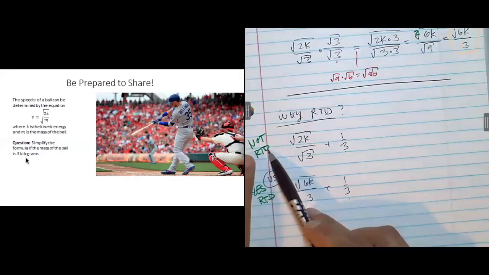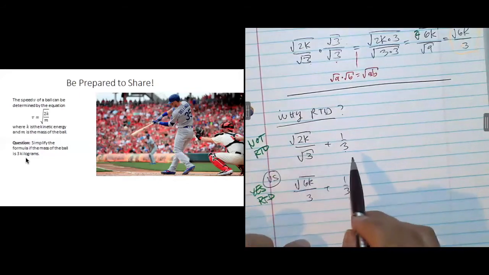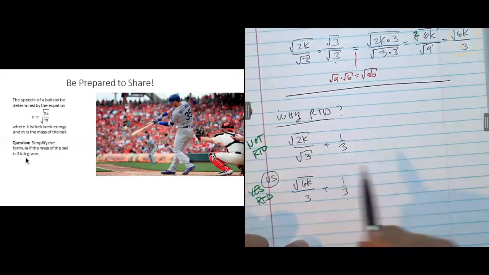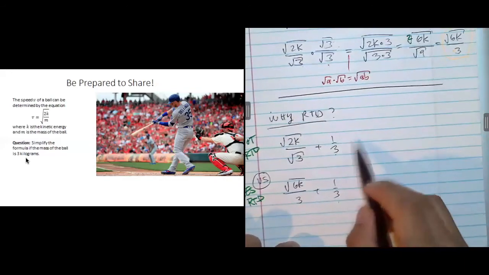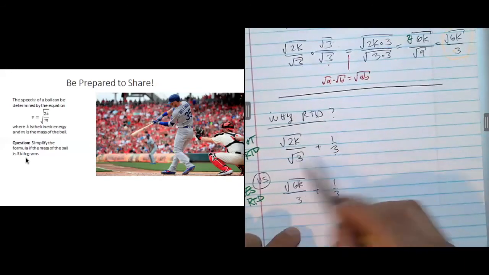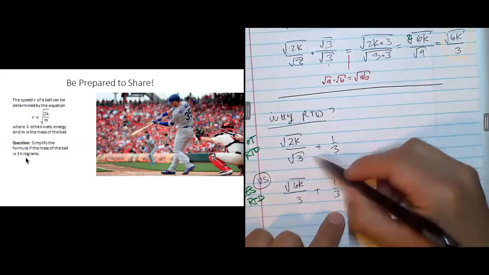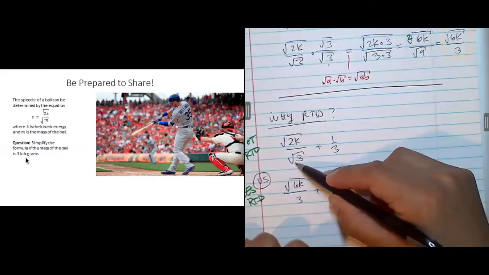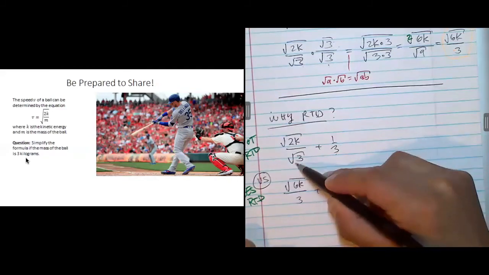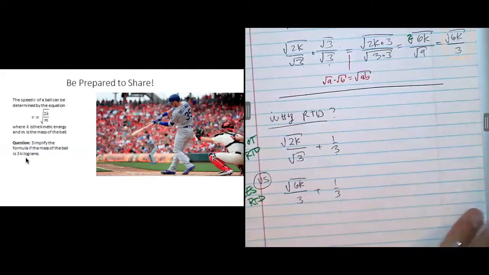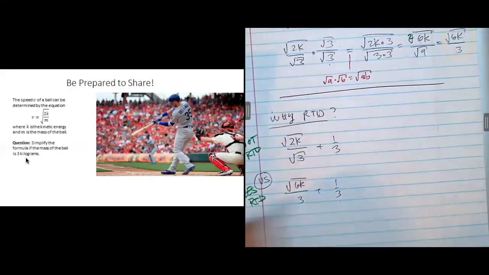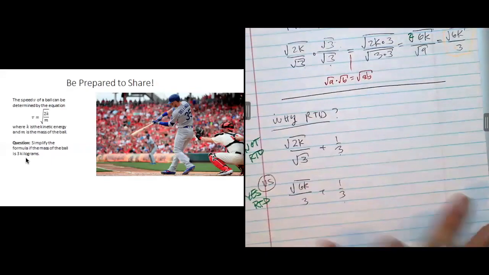So I hope you see now the benefits of rationalizing the denominator, because whenever you're adding anything to a fraction, the fraction by convention is always going to be rationalized. You're never going to have square roots in the denominator, or you should never have square roots in the denominator. Cool. Moving on.